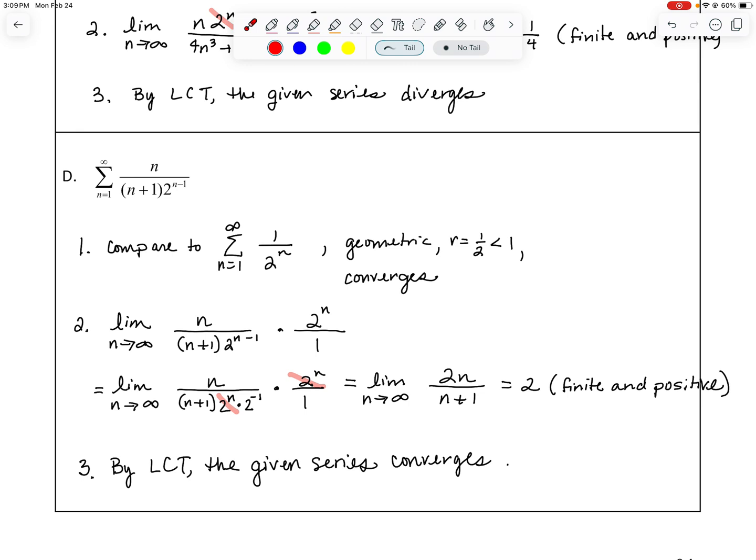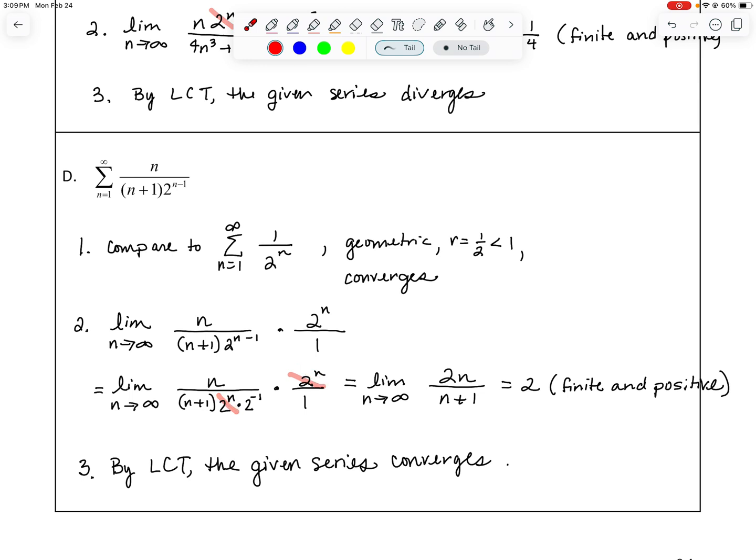So I do the limit of the ratio of the two series, so n over n plus 1 times 2 to the n minus 1 in the denominator, divided by the reciprocal of 1 over 2 to the n. And then I get clever with my algebra. I distribute the base, 2 to the n and 2 to the negative 1, and write it this way. So I broke up the exponents. Canceled my 2 to the n's right here.